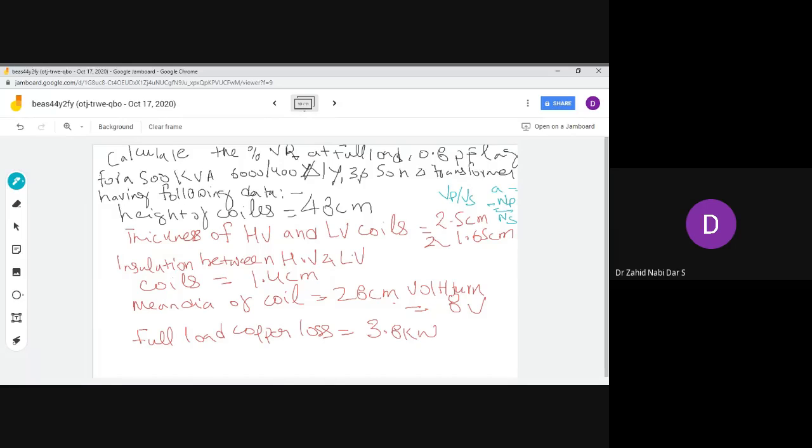Nilakshini, you communicate it to Noor. So on Monday, the first 20 minutes would be your flip class, and then we will start with induction motor. And please do this question, it's very important.